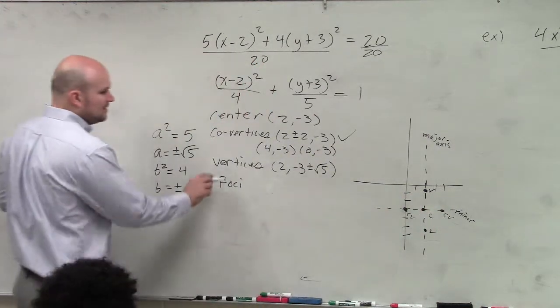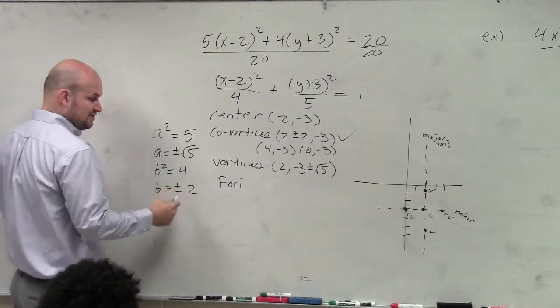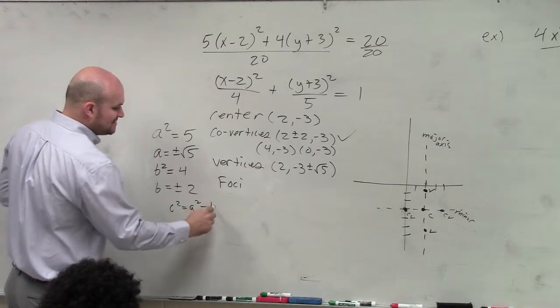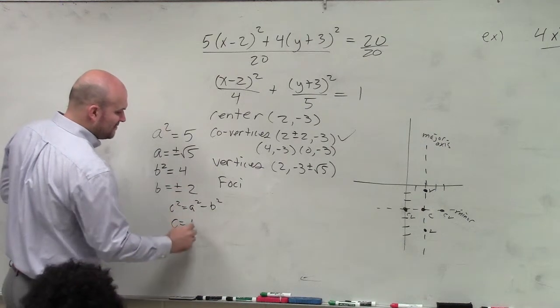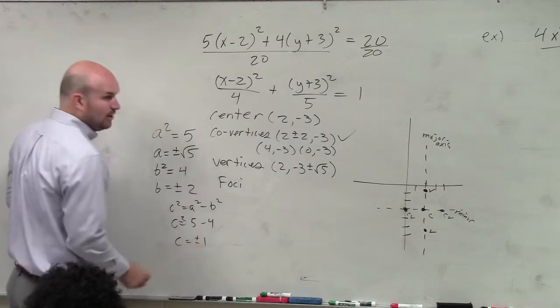Your foci, again, is going up and down. But we need to figure out what your foci is, which is c. So remember, c squared equals a squared minus b squared. C squared equals 5 minus 4. C equals plus or minus 1.